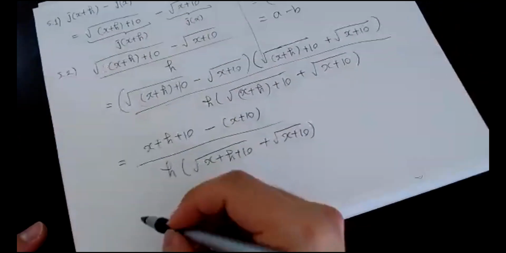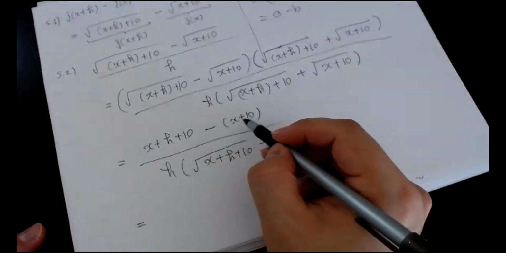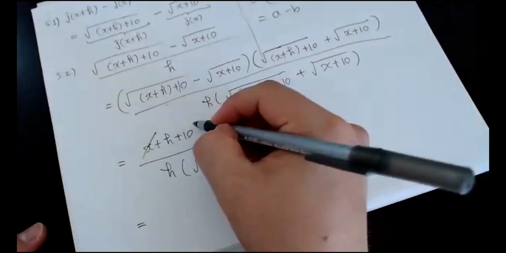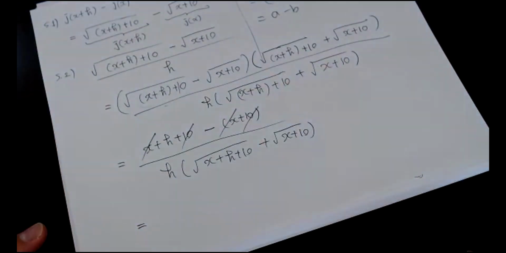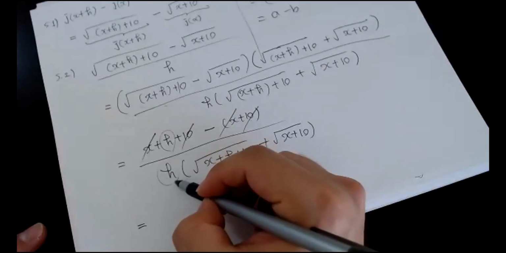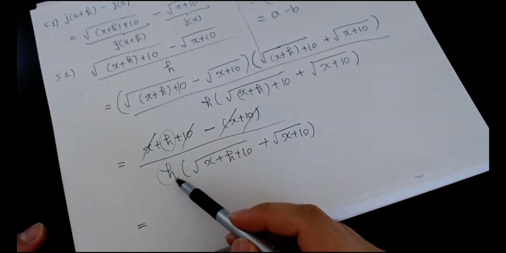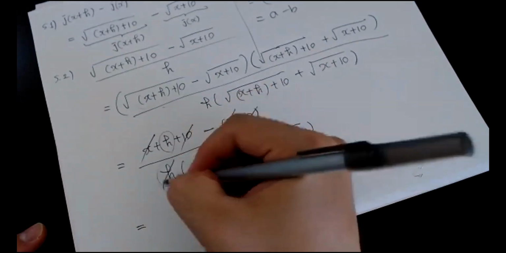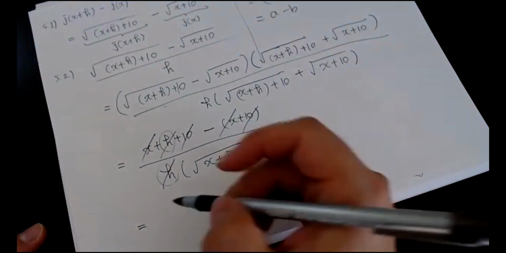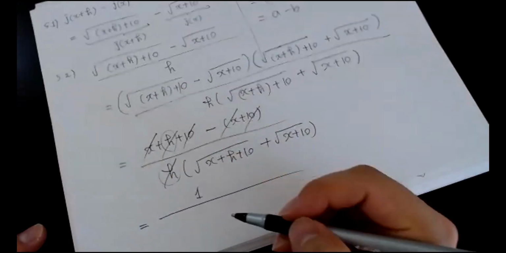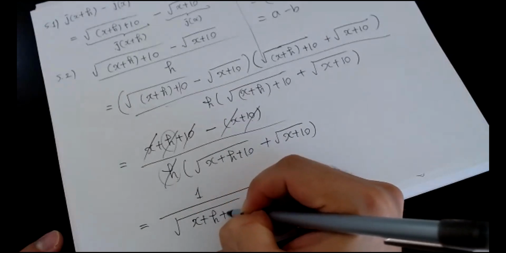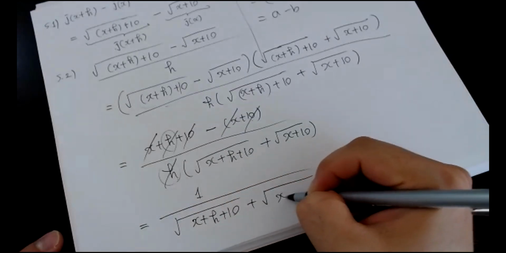Okay, so you see that negative x, negative 10 will be cancelled out with the positive x, positive 10. So h is left at the top. But you see that there is h in the bottom, so they're going to be cancelled out because h is a common factor of top and bottom. So we got 1 over the square root of x plus h plus 10 plus square root of x plus 10.